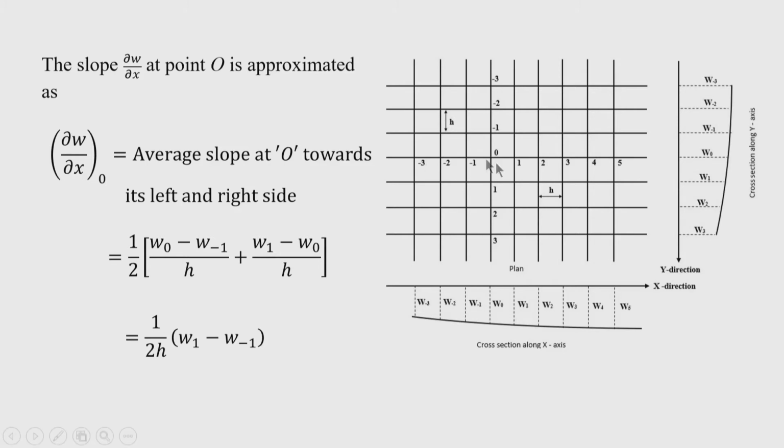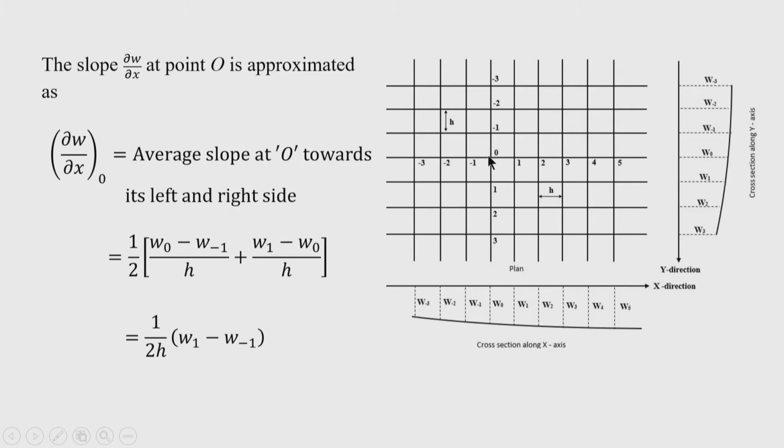In the forward direction, the quantities are 1, 2, 3, etcetera from 0, and in the negative direction the quantities are W minus 1, W minus 2, W minus 3. So, we take dw by dx at node O as nothing but the average slope at O towards its left and right side.